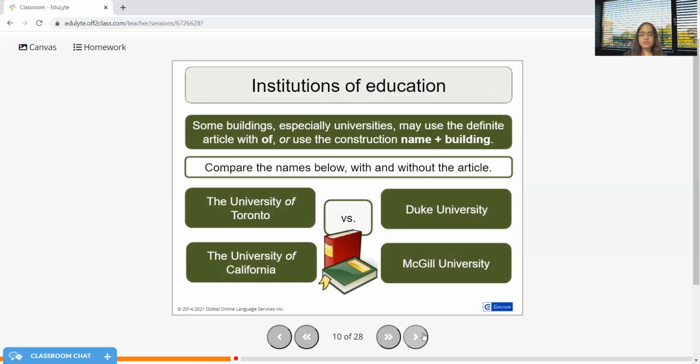Some educational institutions, like universities, institutes, or colleges, there we may use the definite article with of, or use the construction name plus building. So the University of Toronto, the University of California, but I will not say the Duke University or McGill University.